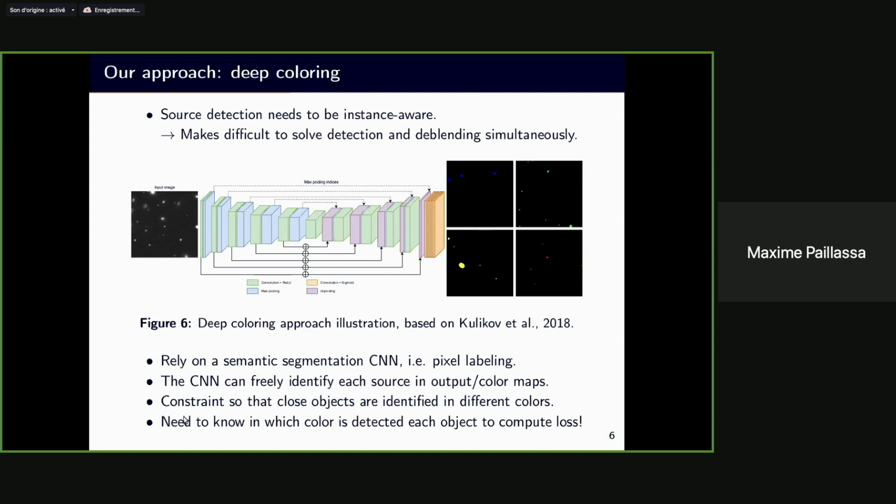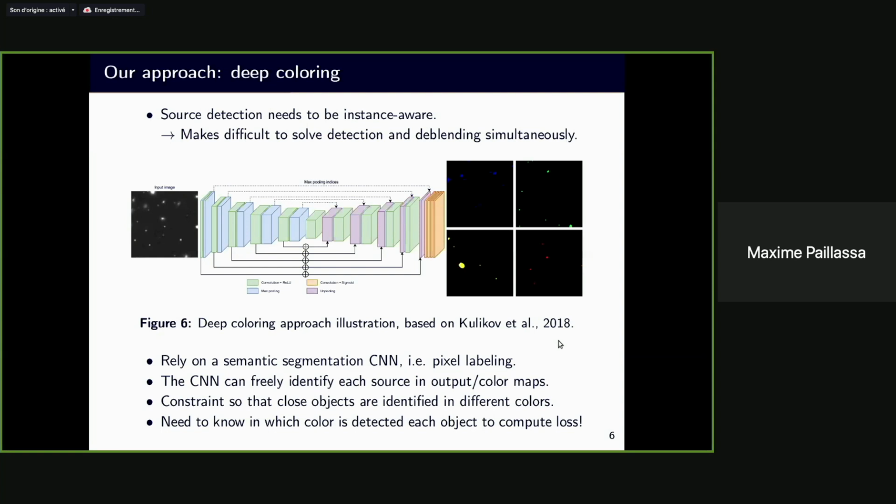But this is what we can do with the deep coloring approach, which relies on a semantic segmentation convolutional neural network. That is a network that can do pixel labeling, so we can flag sources in different output maps. The principle of the deep coloring approach is that our CNN can freely identify each source in any of the four output maps that we can call color maps.